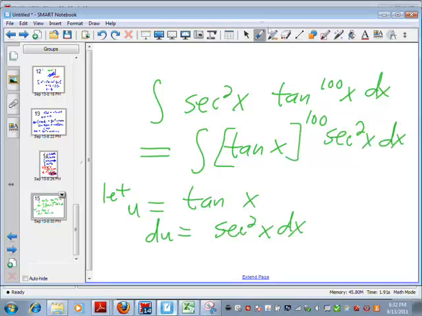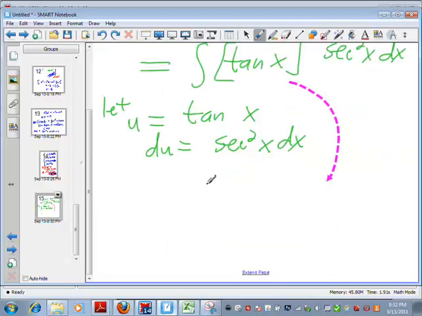This then becomes the antiderivative of u to the 100 du.